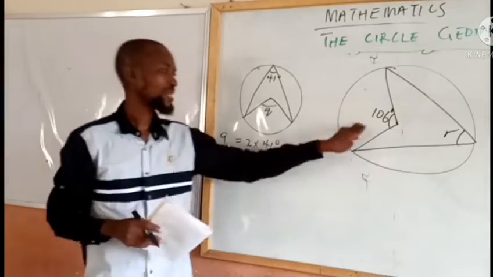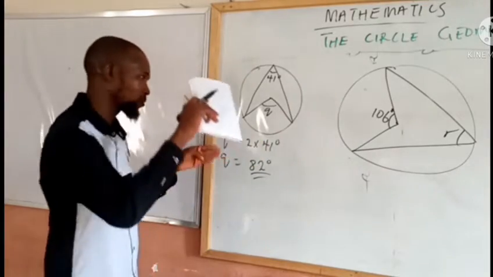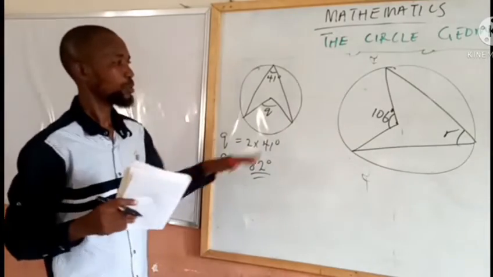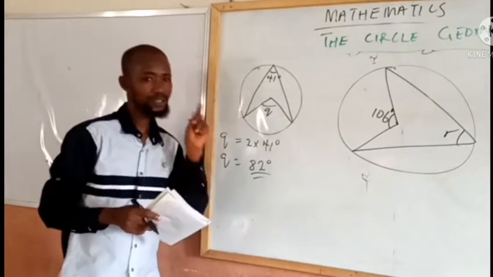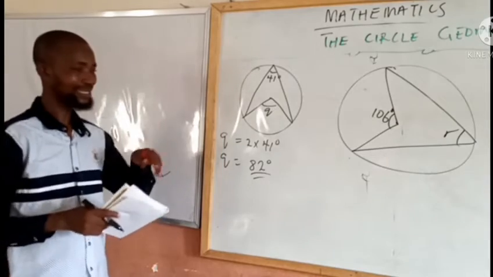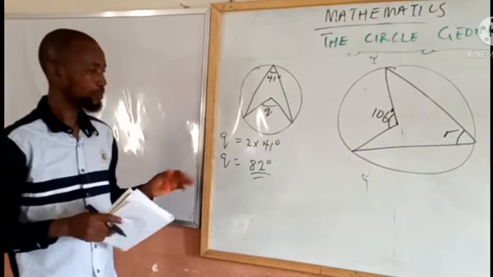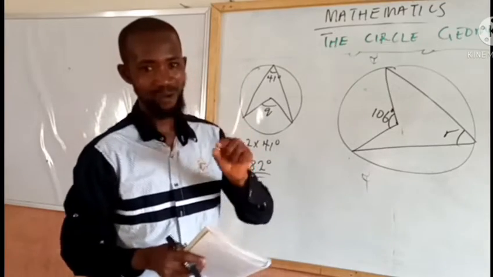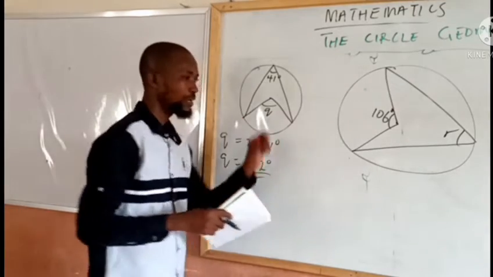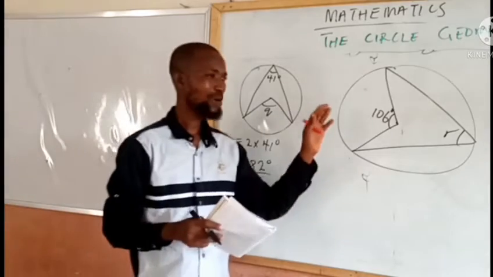The only difference between this and this is that a kind of turning occurred here. But since they are more or less the same thing, it shows that the first theorem, the theorem which we are treating in this class, is going to be applicable, and that is the theorem which states that the angle at the center is twice the angle at the circumference. So what we now want to do is find the angle at the center.